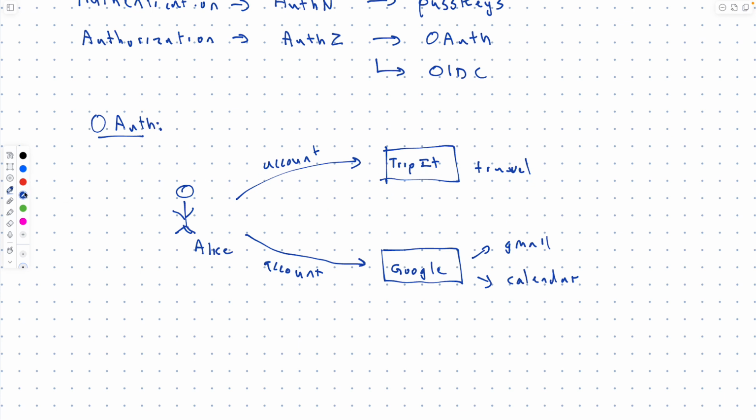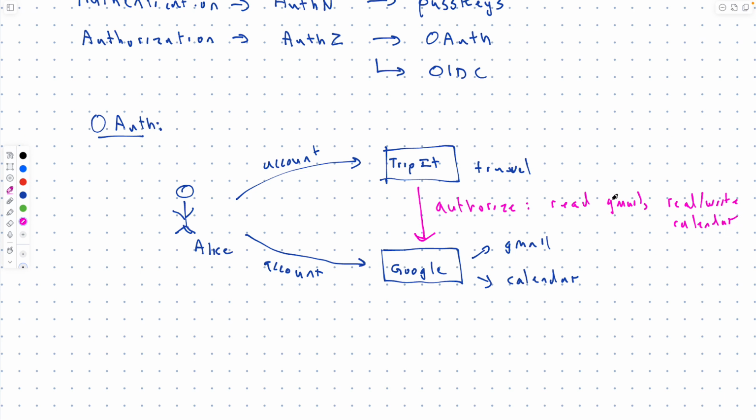And what I want to do is I want to authorize a set of things. So I might authorize read Gmail, read write for a calendar.